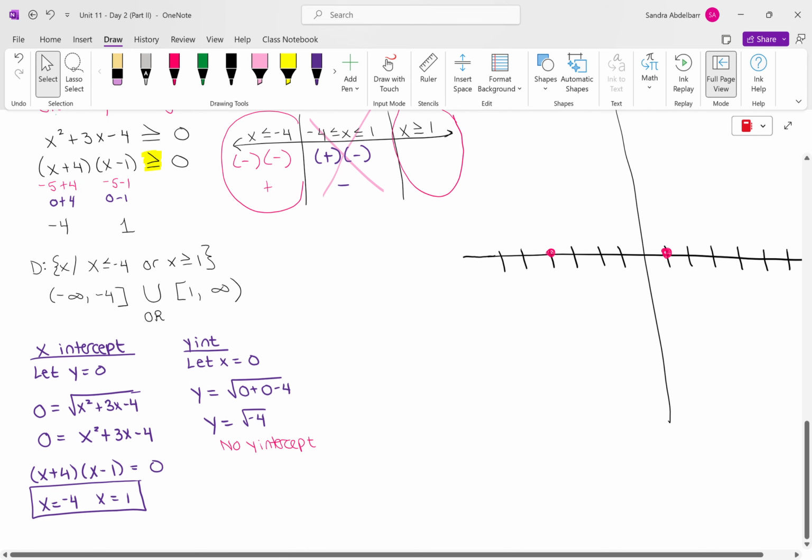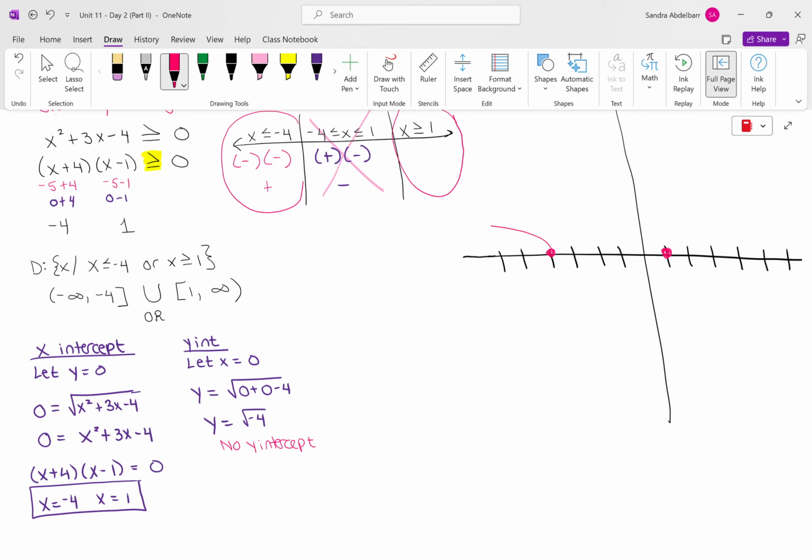And these are shooting stars, but the domain tells us which way they're going. Based on my domain, I have x is less than or equal to -4. So I start at -4, and where's less than -4? To the left or to the right? To the left. So I'm going to have one shooting star going to the left.